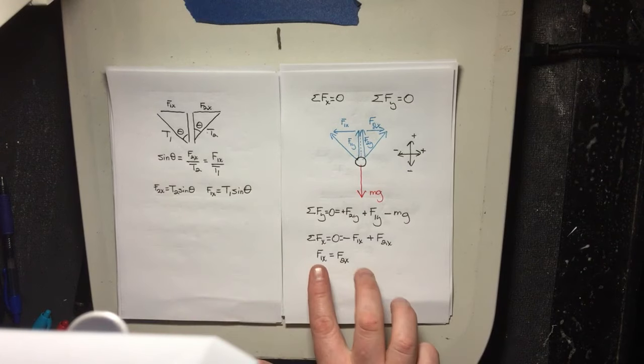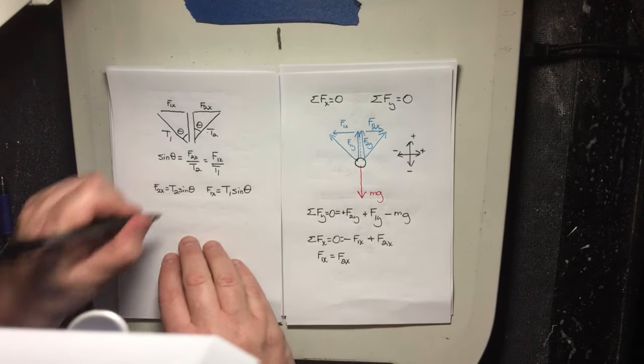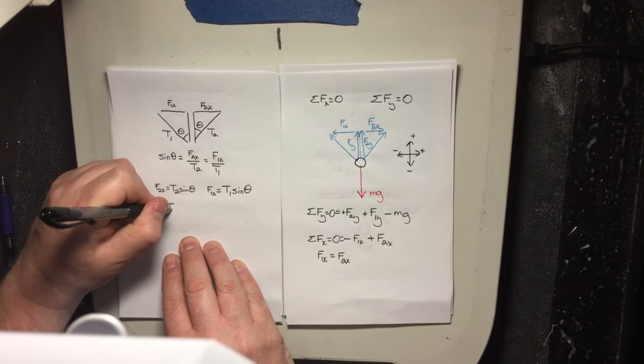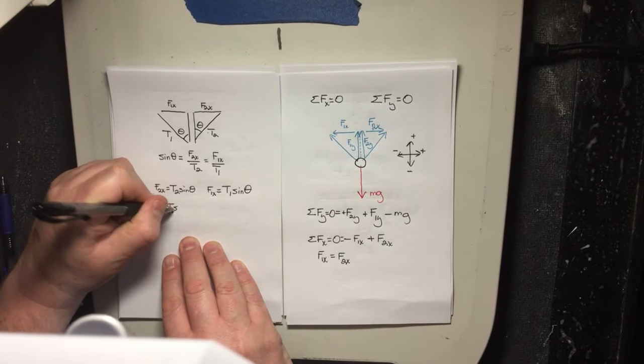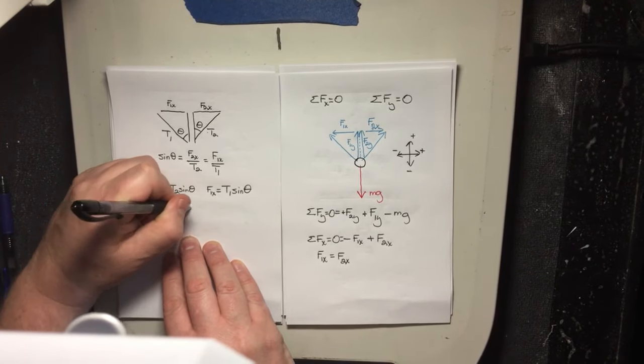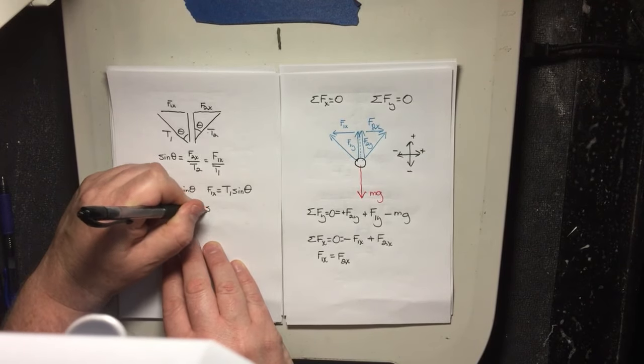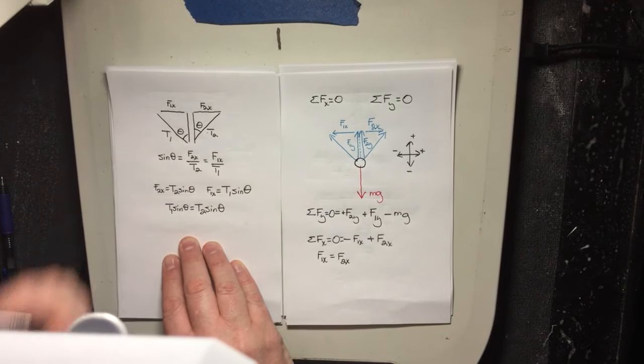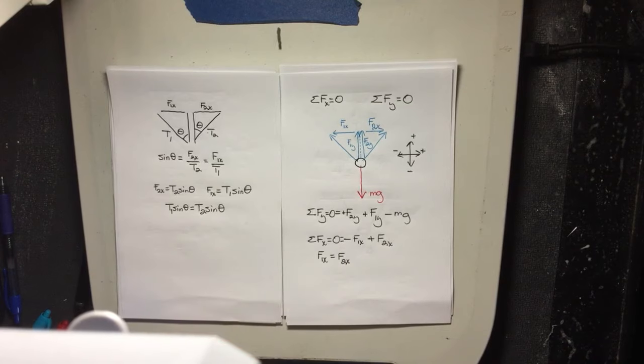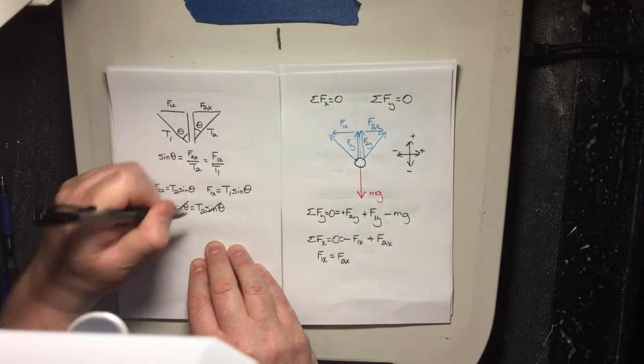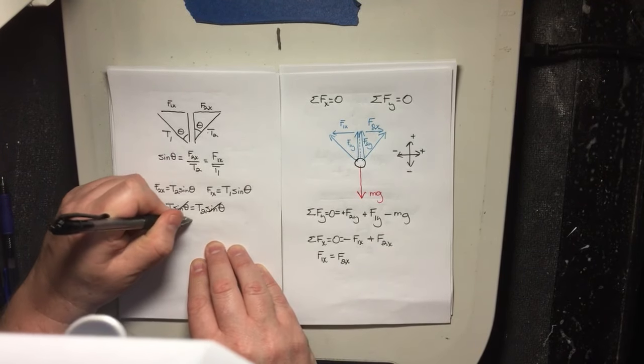Taking these and substituting, I get T1 sine theta is equal to T2 sine theta. One observation you can make is the sines cancel and T1 is equal to T2.